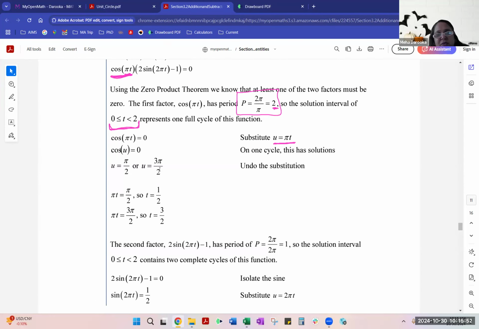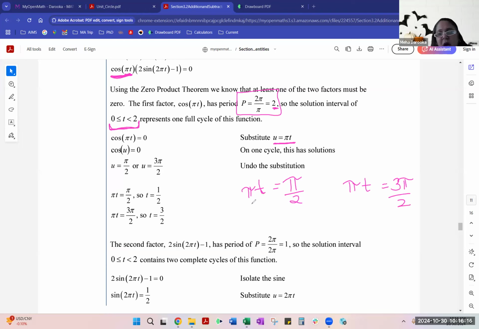That's where these two are coming from. Go back and undo the substitution, replacing the u with pi t, and then simplify. So think about this: if you have pi t equals pi halves, or on the other side, pi t equals 3 pi halves.